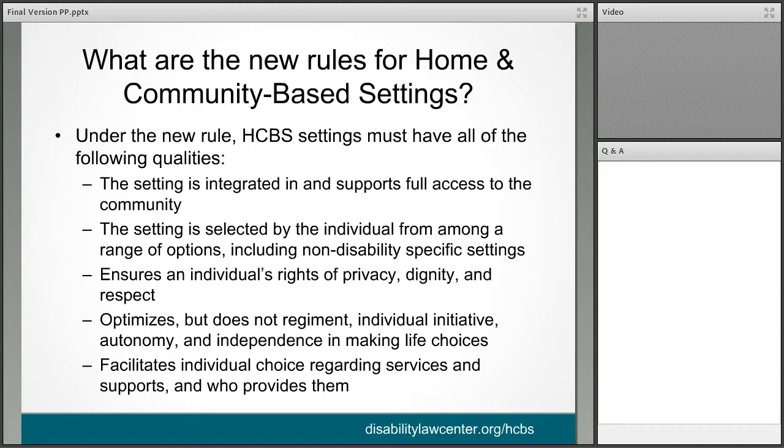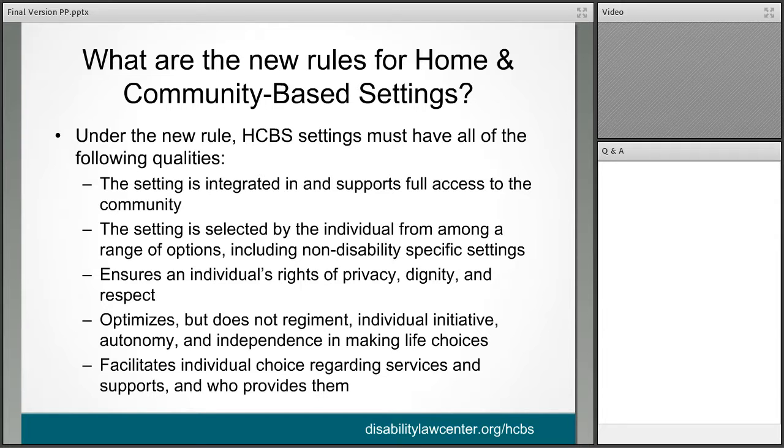And then the settings should also, with regard to integration, include opportunities to pursue competitive integrated employment. And community access needs to mirror the surrounding community. So what I mean by that is that if you're living in an urban area, individuals not receiving waiver services may have greater access to transportation and community events than in a rural area.